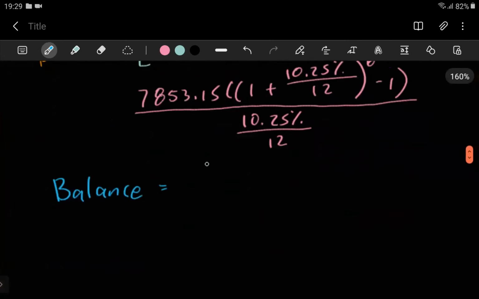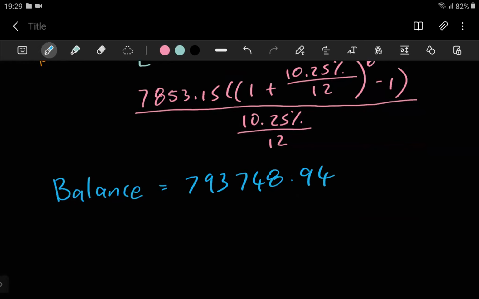So it's 793,748.94, which is somewhat expected, you see, because this value has to be smaller than the 800,000.